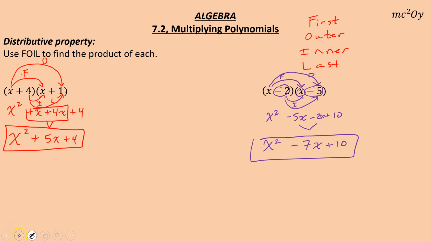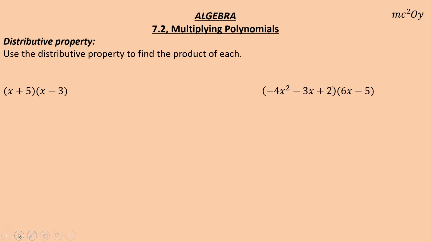Now another method, it's going to seem kind of similar, is called the distributive method. And the distributive method, really all that means is take each term in the first binomial times each term in the second binomial, or each term in the first trinomial times each term in the second binomial.